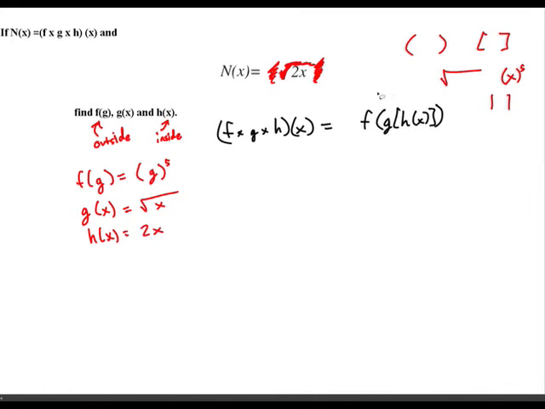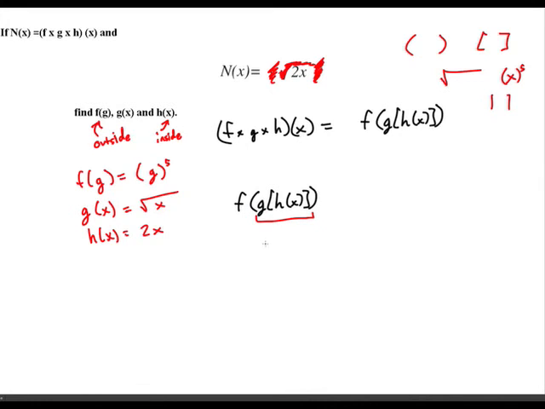So let me copy this part. Alright, so now that I copied it, we're going to actually plug it in. So we take this h of x, which is 2x, and I'm looking at my g of x. So right now we're just going to do this problem right here.